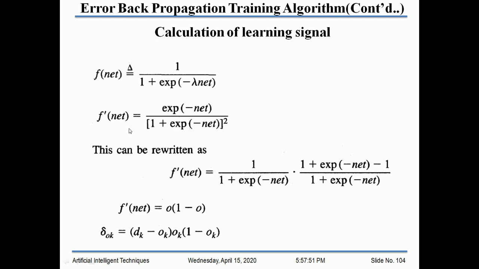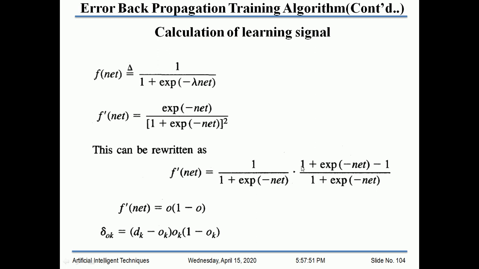So f dashed of net is, I have done the first order derivative of this: exponential of minus net by (1 plus exponential of minus net) whole square. This can be written as f dashed of net equal to, see here, (1 plus exponential of minus net) whole square is split into 1 by (1 plus exponential of minus net) multiplied by exponential of minus net by (1 plus exponential of minus net).